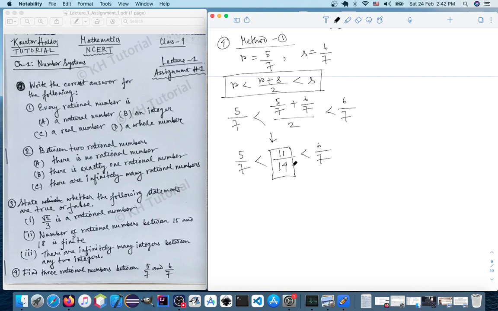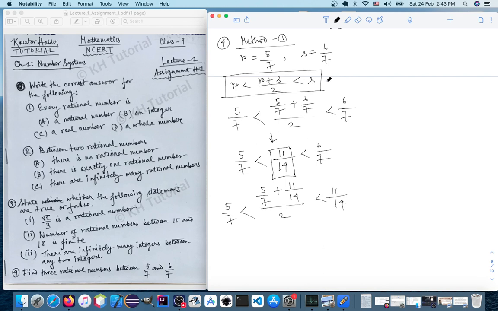Now we can find another rational number between 5 by 7 and 11 by 14. So we will have 5 by 7 less than, we are finding a rational number between 5 by 7 and 11 by 14, that will be this.